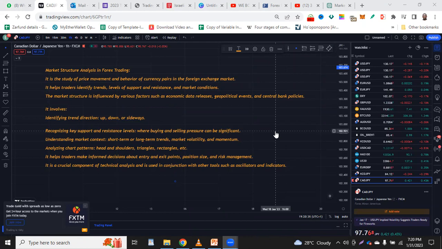What you need to understand is that when you know market structure, you understand how the market is flowing, the flow of the market. That's what market structure is, the flow of the market. When you understand the flow of the market, you don't need many other tools, because the truth is that the market is already telling you what it's going to do. Yes, you will not be right 100% of the time. Nobody is.